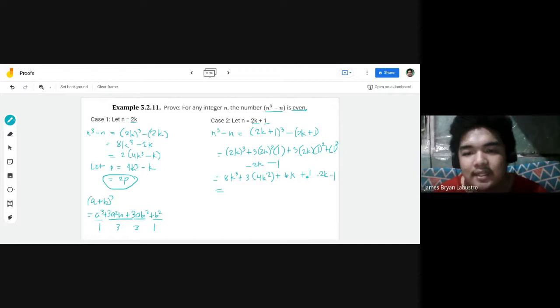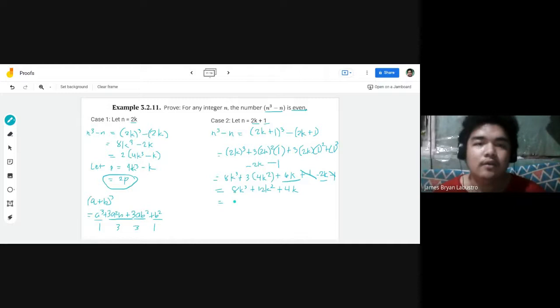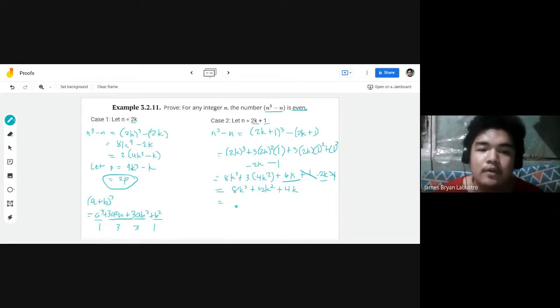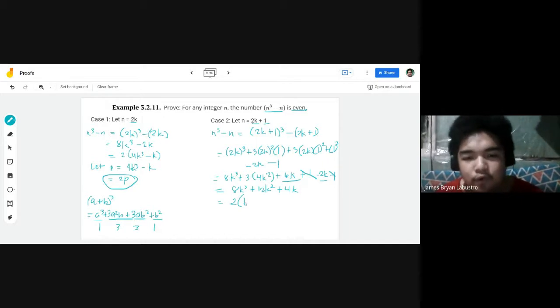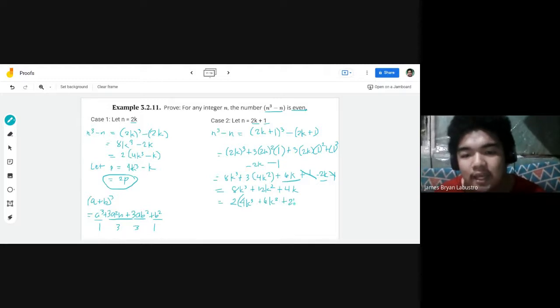So we directly cancel this. So we have 8k cubed plus 12k squared. Then combine 6k and negative 2k, which is plus 4k. Then the common factor is probably 2. We have 4k cubed plus 6k squared plus 2k.